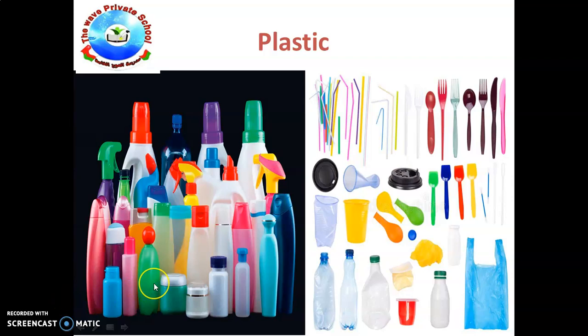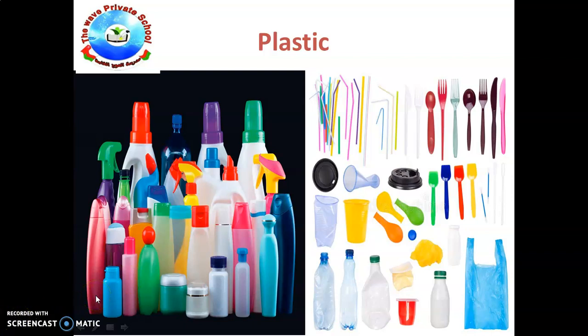Okay, let us continue. The material plastic can be transparent. It can be molded into many shapes, as I told you before. It can be shaped into many different shapes because it is flexible and light in weight.